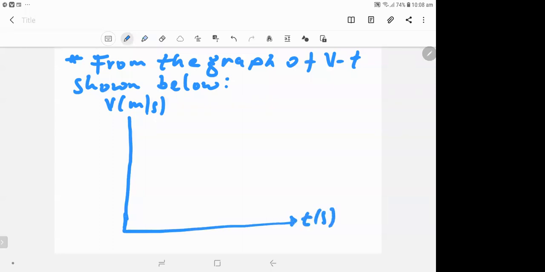T in seconds, velocity in meters per second. Let us start from 2, 4, 8, and 10. Okay. Is it visible for you, by the way?